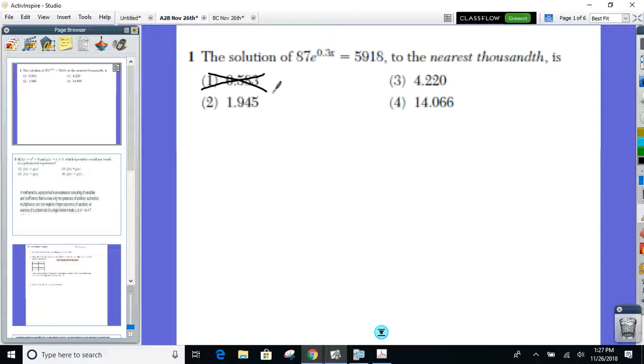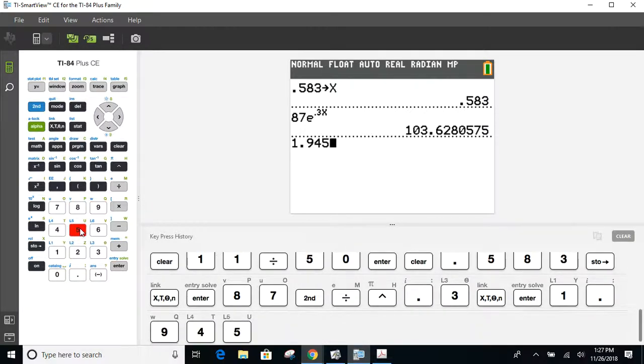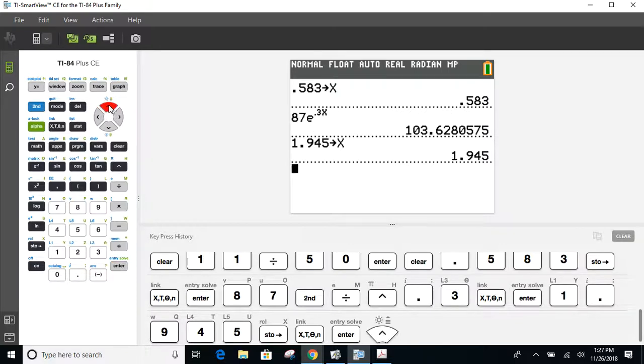And I keep trying out the other ones. Some of you guys can go right ahead of me. So now I'm going to take 1.945 or 54.45, and store that in for x. So that'll override the 0.583. And what's nice is on most of your calculators you don't have to retype that 87e to the 0.3x. I think many of you can just go up and highlight that, so you don't have to retype it. Now it'll plug in 0.1945 and not even the 5,000 I needed.